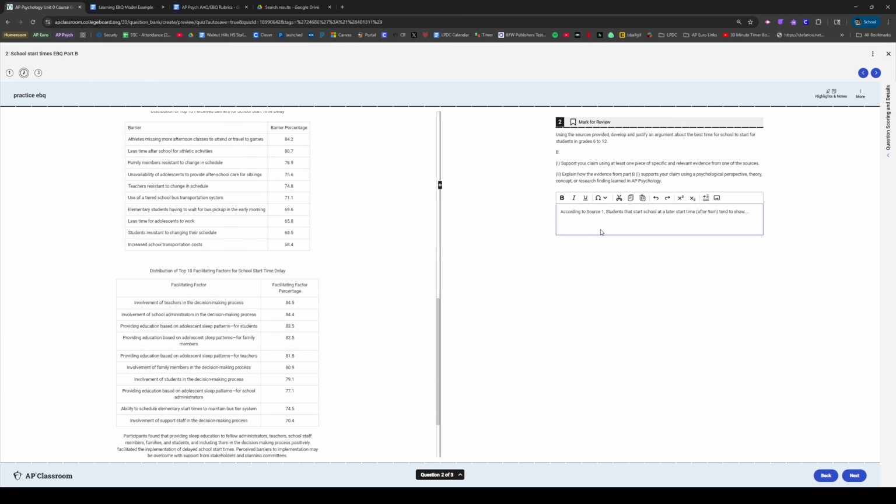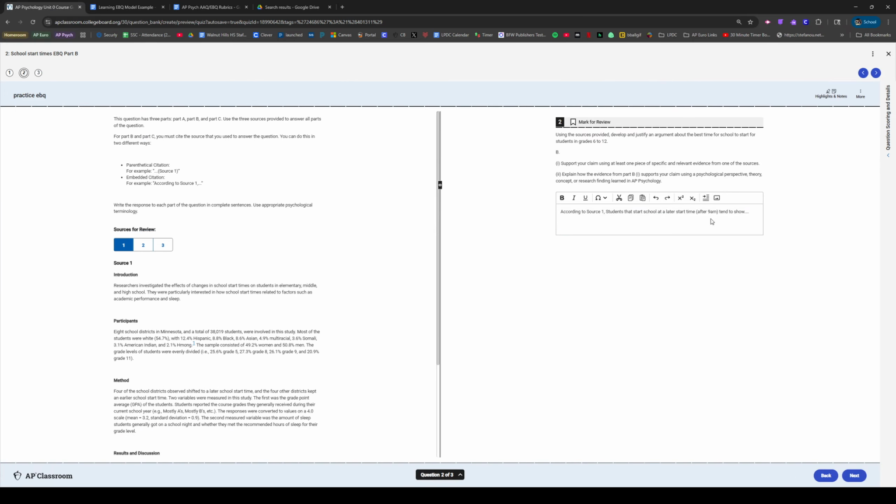Your second paragraph is explaining how the evidence supports your claim. If we go back to source 1, our second paragraph will be, in source 1, we saw that students that had a later school start time had higher GPAs.